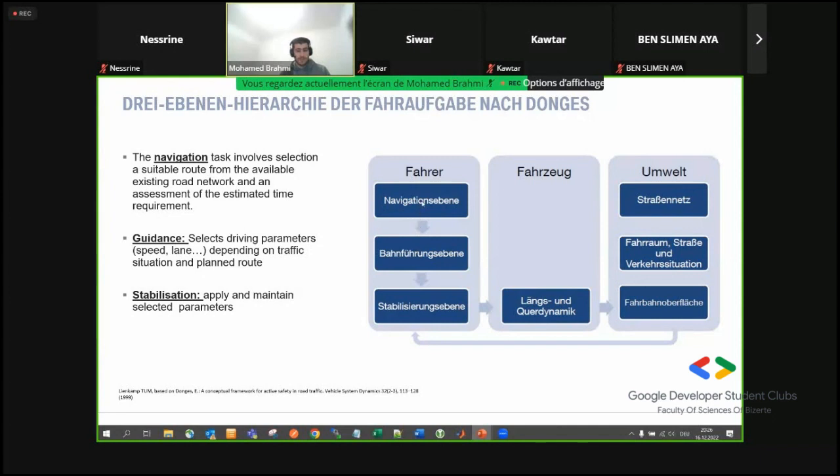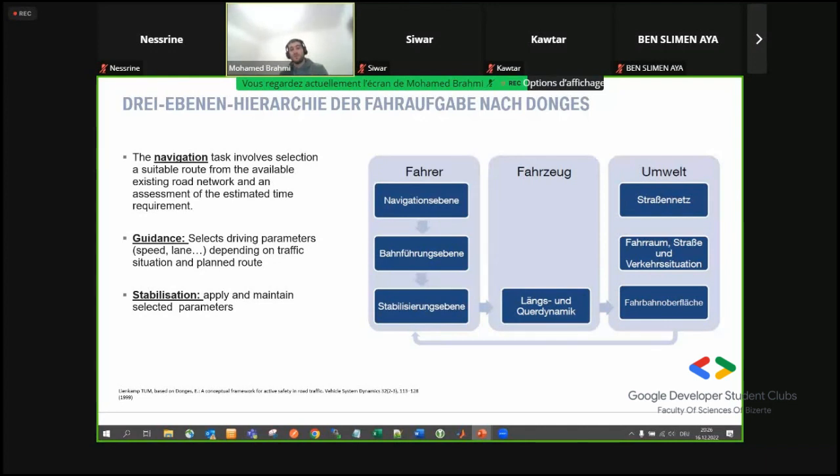That means the driver decides by himself where to drive, and he decides by himself on which lane to drive. And more or less, the driver assistance systems are helping with this lowest task here, which is about setting the speed and making the longitudinal and lateral control.